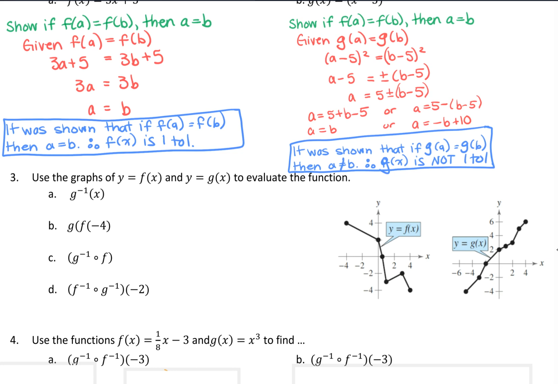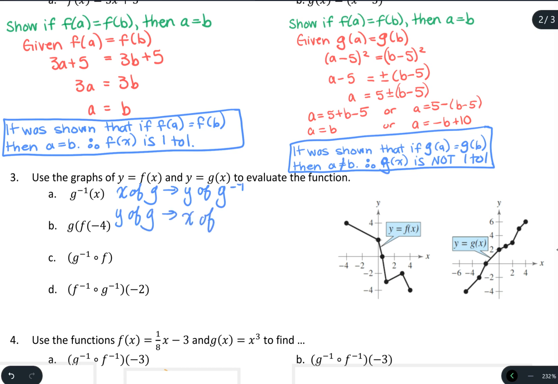So that means that the x's of g become the y's of g inverse. The x of g becomes the y of g inverse, and the y of g becomes the x of g inverse.